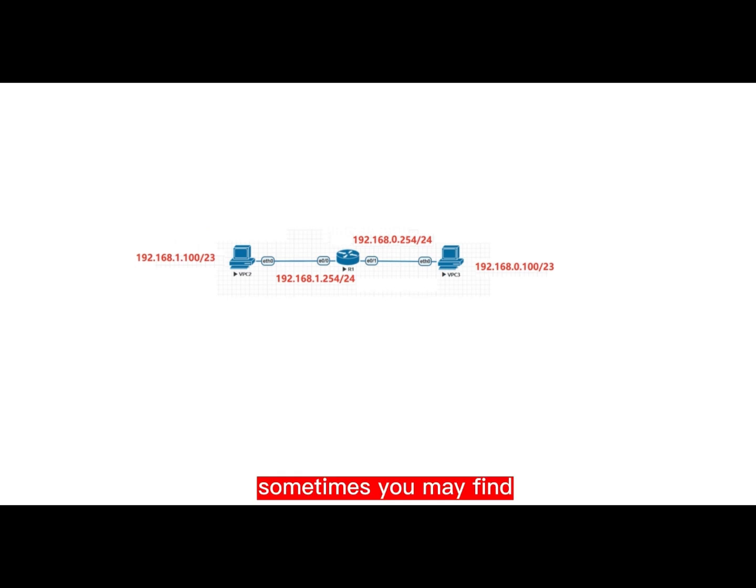Sometimes you may find you forgot some configuration, for example, you forgot to configure the gateway. Suppose the IP address of the PC on the right is 192.168.0.100, 23-bit mask.